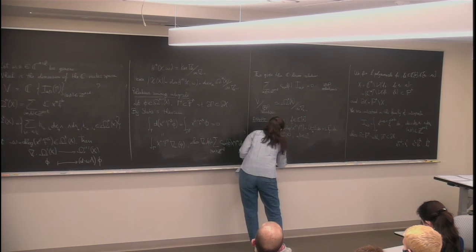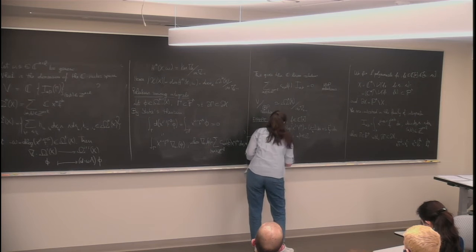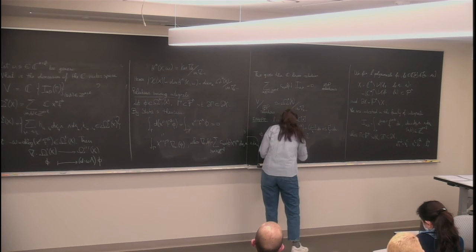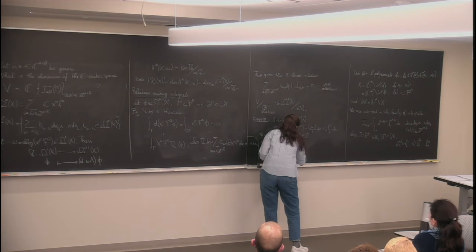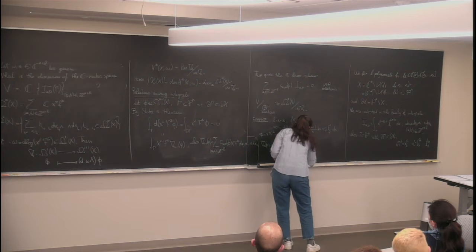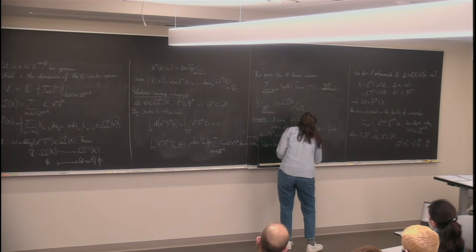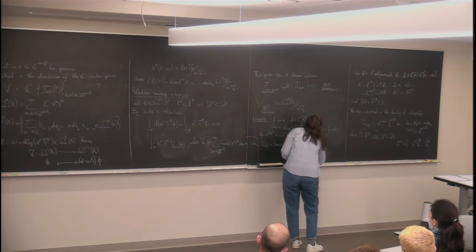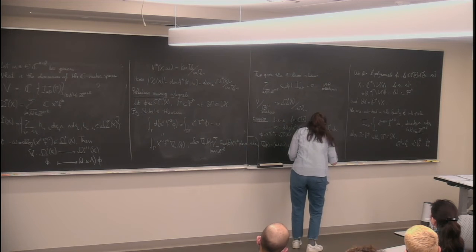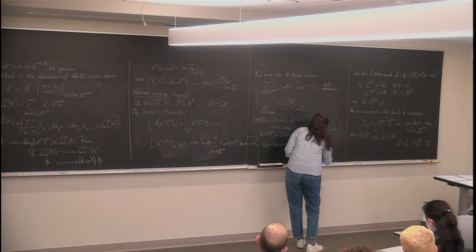Let me just write it. This is (a + nu - 1) x^(a-1) f^(s+b) plus s x^a f' f^(b-1) dx.